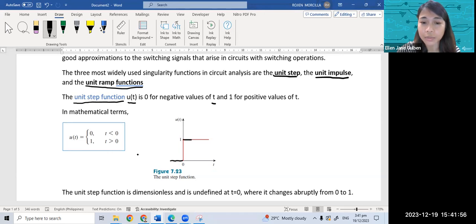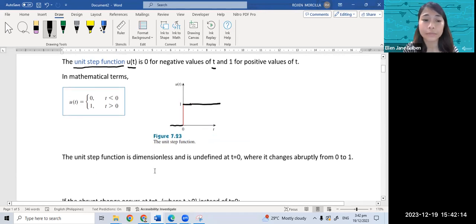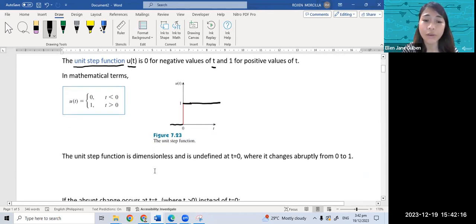This function will go on forever unless there's another signal or switching action that will happen. The unit step function is dimensionless and it is undefined at t equal to 0, where it changes abruptly from 0 to 1.